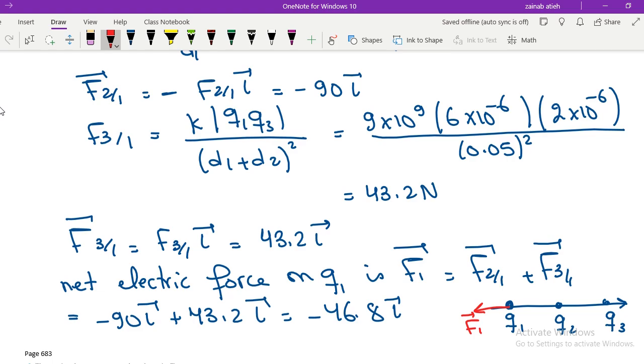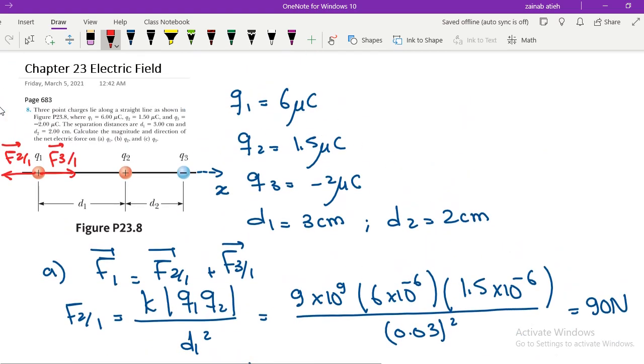Now I won't solve the second parts, which are parts B and C. I will leave them to you, but I will help you find the direction of forces. They are the same method. For example, let's start with Q2. Q2 has forces acting on it due to Q1 and Q3. First, the force due to Q1: Q1 and Q2 both of them are positive, so Q1 will repel Q2.